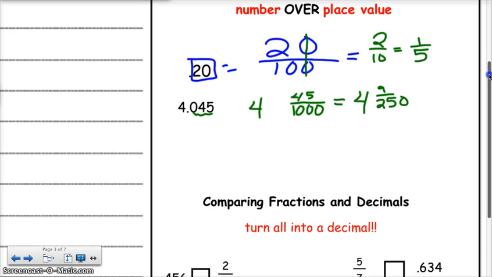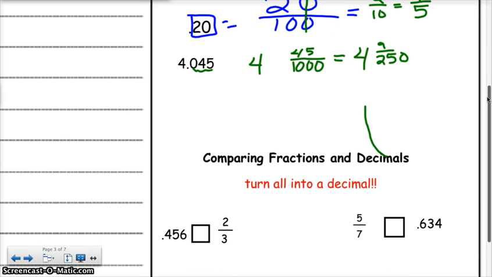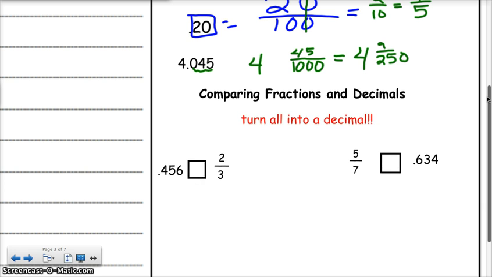Comparing fractions and decimals. Now that you know or remember the official way to convert to a decimal, I would say convert to a decimal. Converting to a decimal is usually much easier than finding a common denominator and changing everything into a fraction.